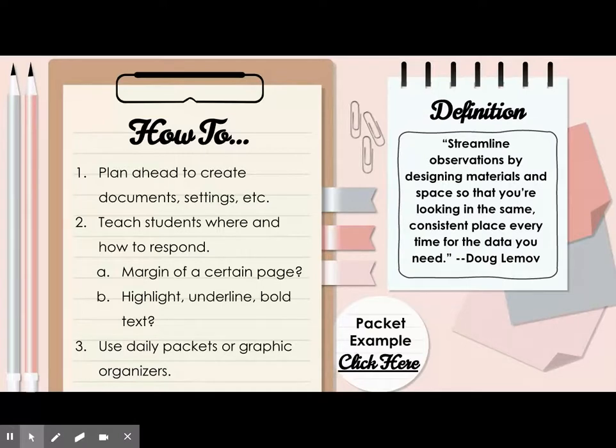But you need to plan ahead so that you can have those documents. You may set up your classroom in a specific way so that you can see certain students or position students in a way to best get feedback from them. Or you may need materials. And so you want to plan ahead and make sure that those are ready to go.